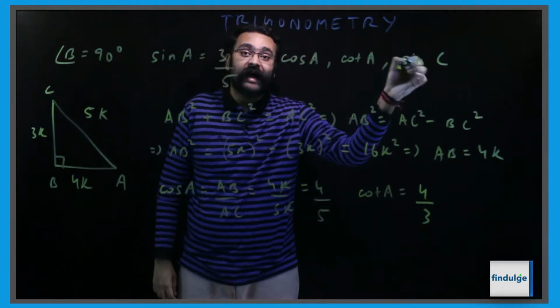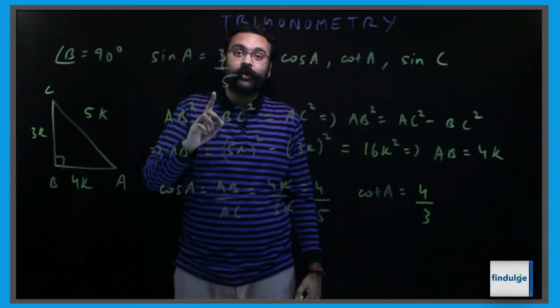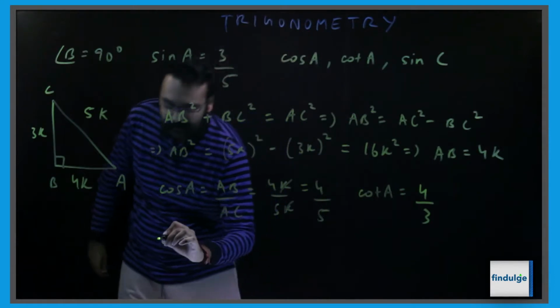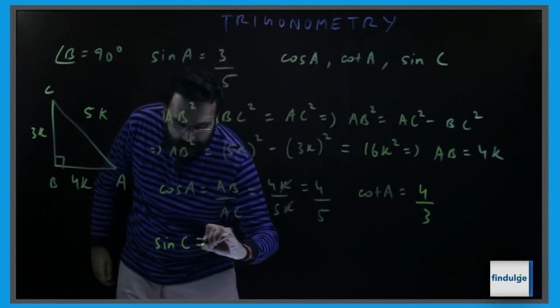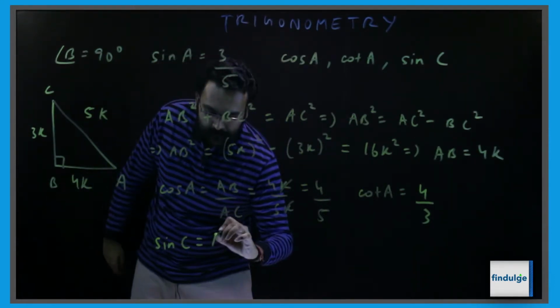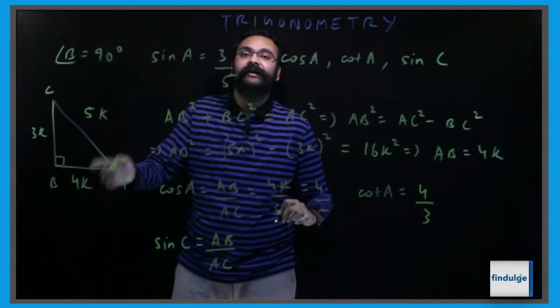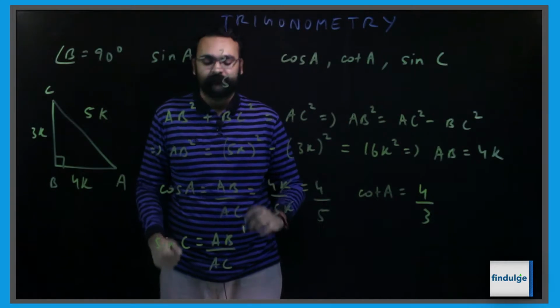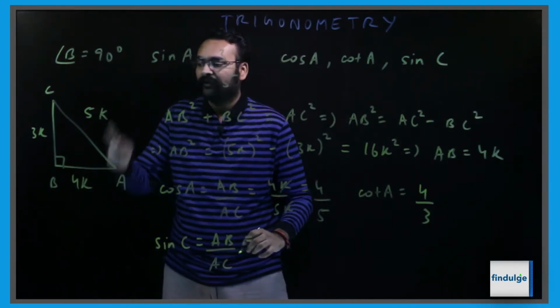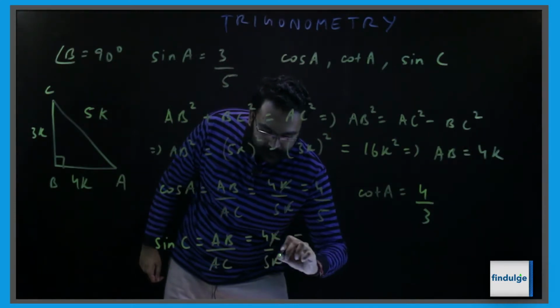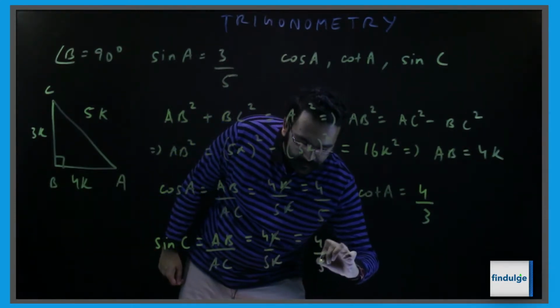So we know that sin is perpendicular upon hypotenuse, which means for C, sin C will be AB upon AC, because AB is its perpendicular, which will again be nothing but 4K upon 5K or 4 upon 5.